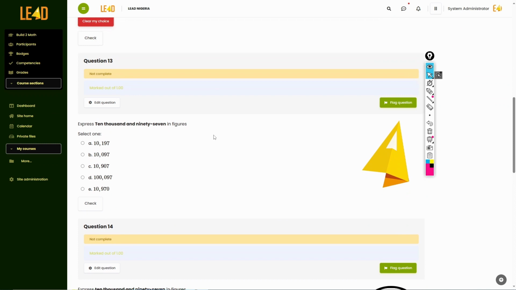Express 10,097 in figures. So in the thousand space we have 10, so we just put 10 there, and then we have 97.